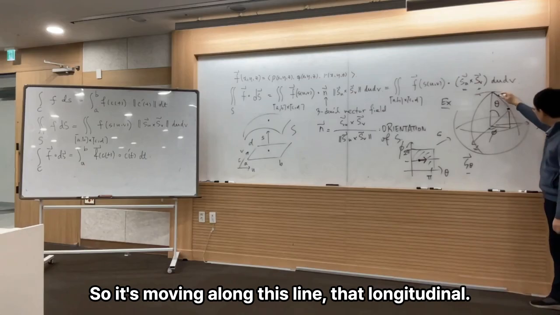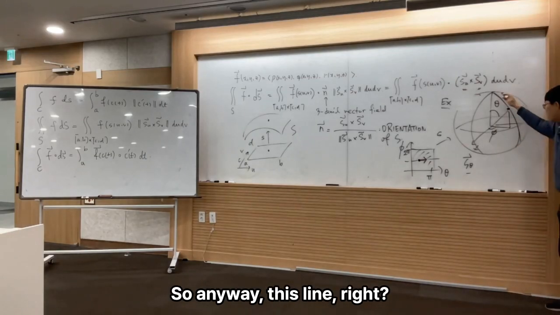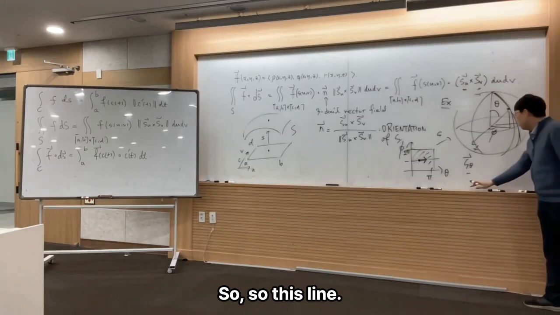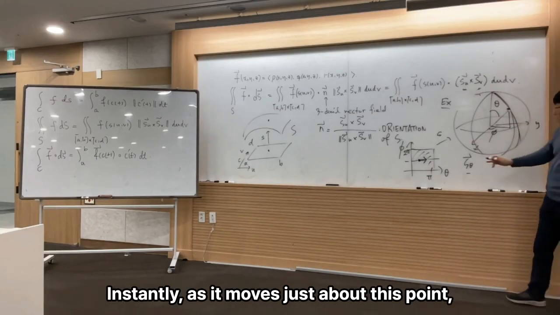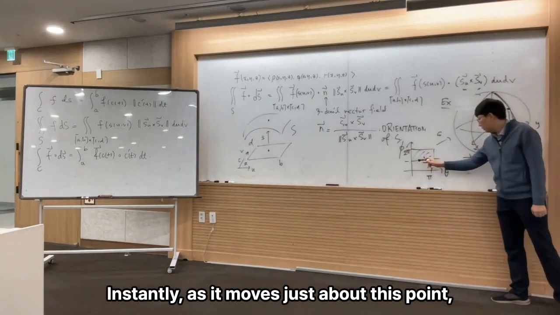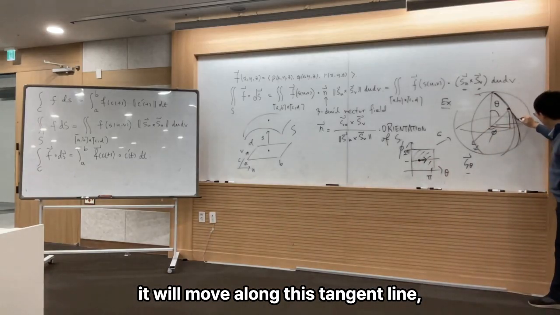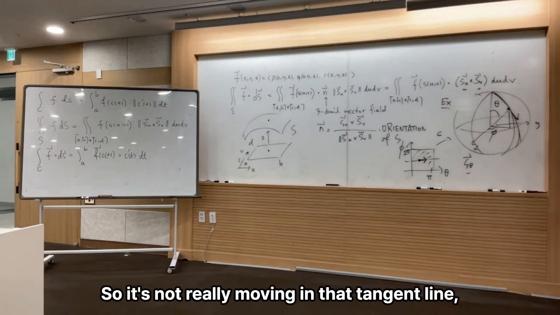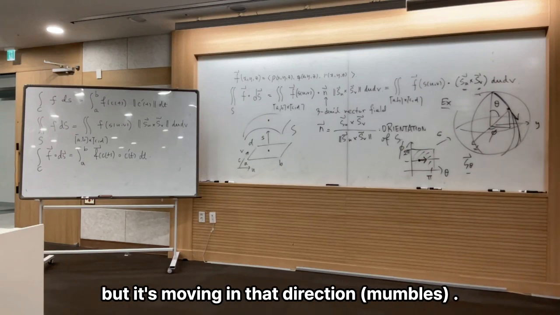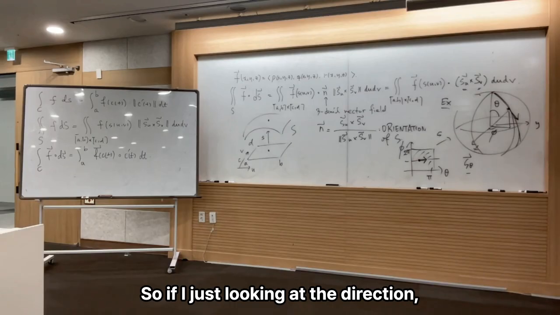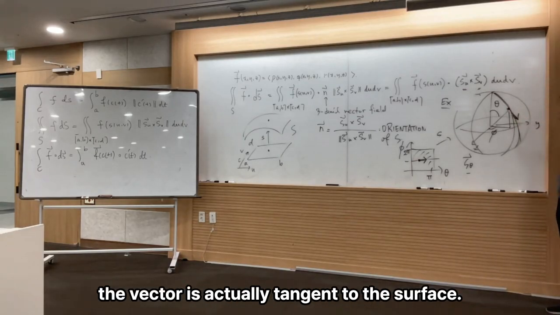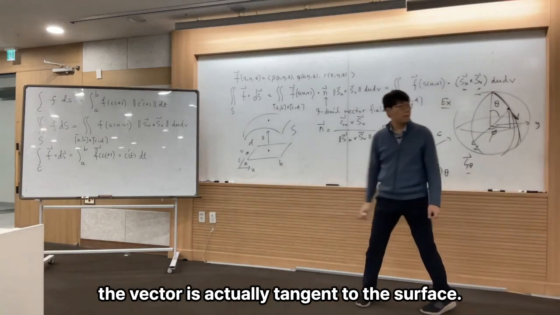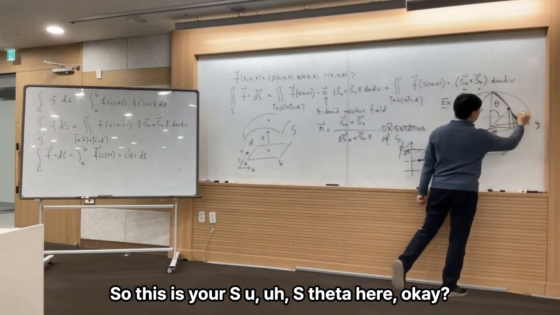So it's moving along this longitudinal line. Instantly, as it moves just about this point, it will move along this tangent direction. It's not really moving along that tangent line, but it's moving in that direction. So if I just look at the direction, this vector is actually tangent to the surface. So this is your S_u, S theta here.